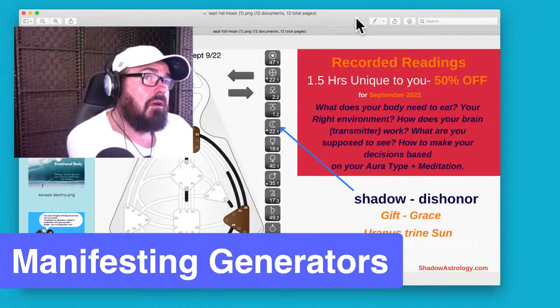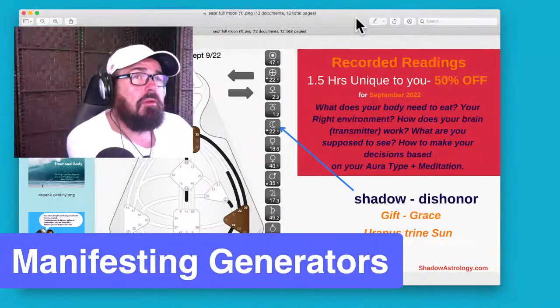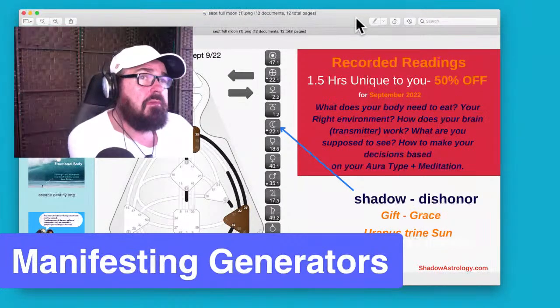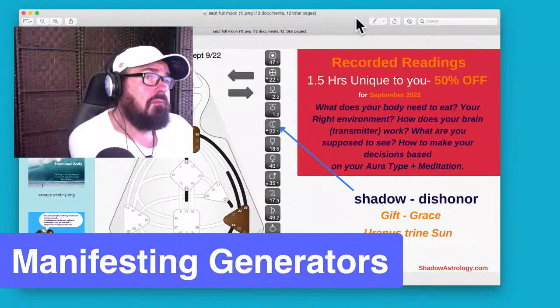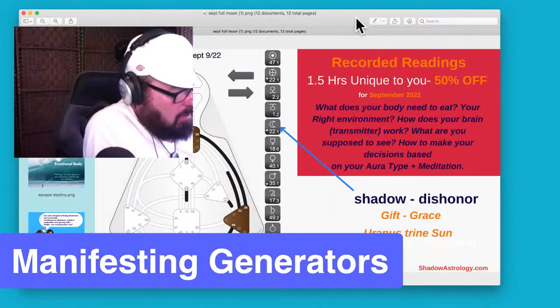What do they need to hear? I have to wait for the jumper, so I can feel one coming. What's the manifesting generator need to hear?